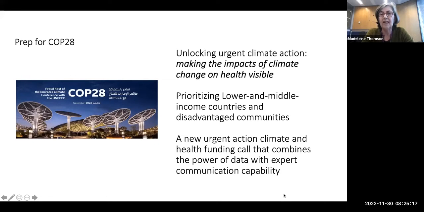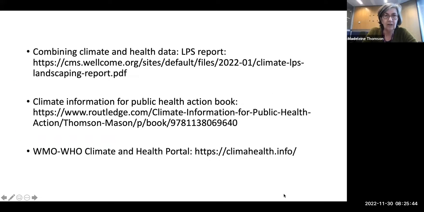And this is a combination of data-driven evidence, filling specific evidence gaps in lower middle-income countries and disadvantaged communities, and then combining that with the power of communication, the media, etc., so that we can really get strong narratives of the relationship between climate and health that can drive action at the local and at the global level.